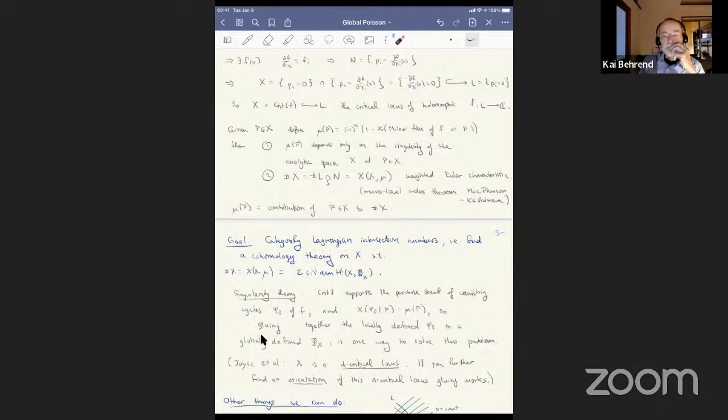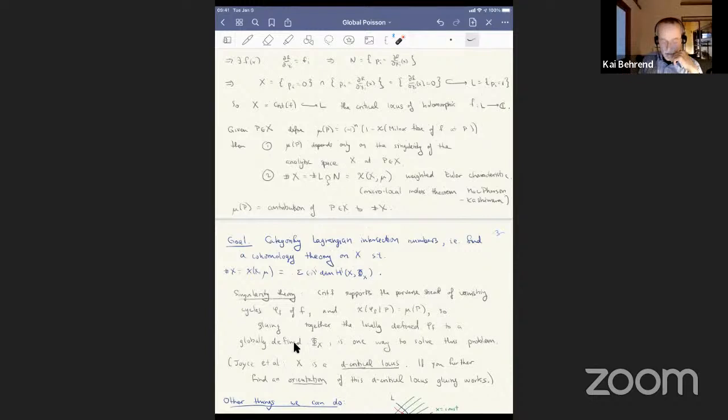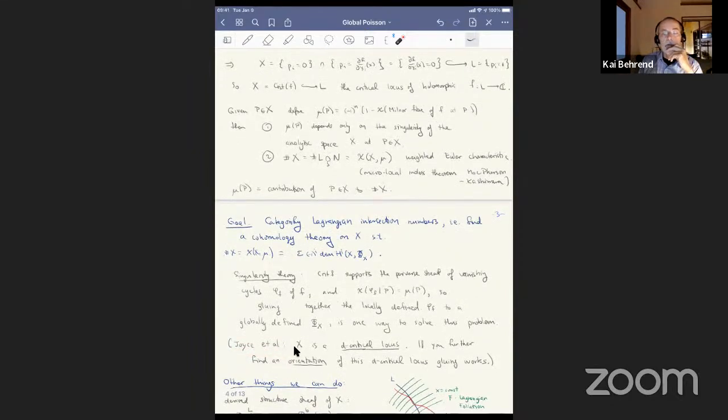One way I should point out in which this has been done in the meantime is Dominic Joyce and his school, students and postdocs, lots of people involved in this. He defines a notion of decritical locus, which I'm not going to get into here.